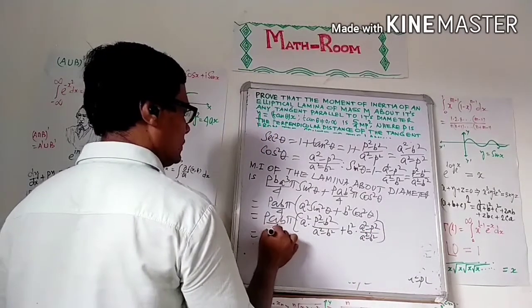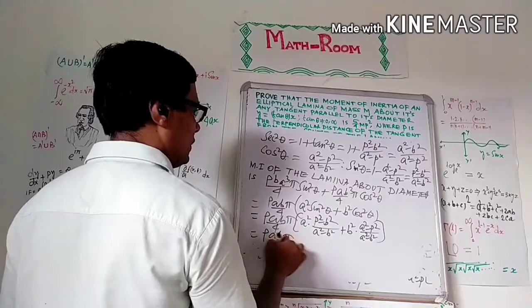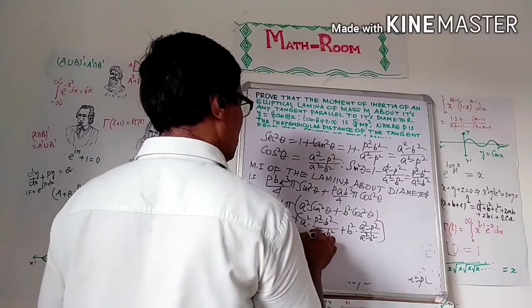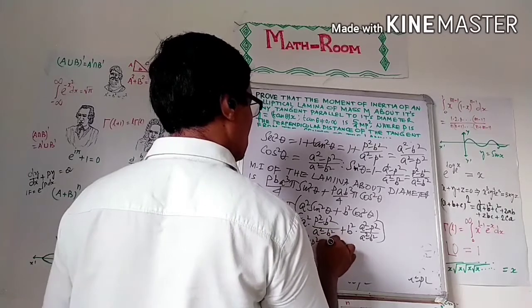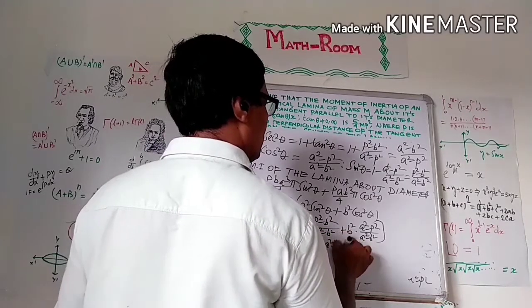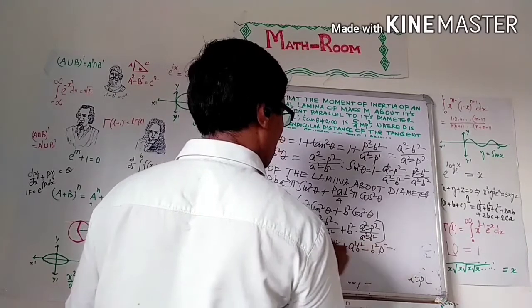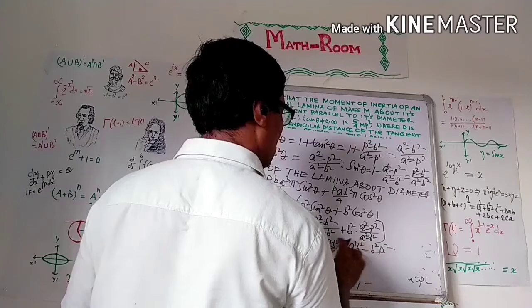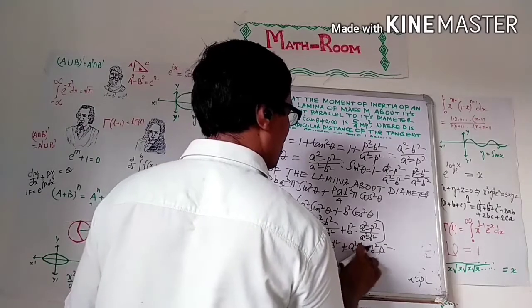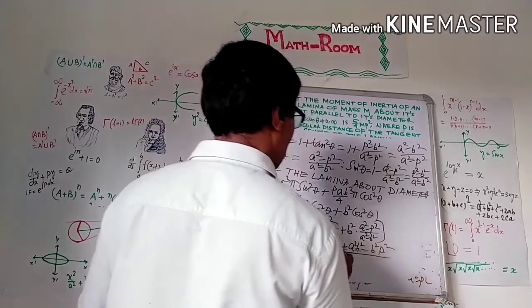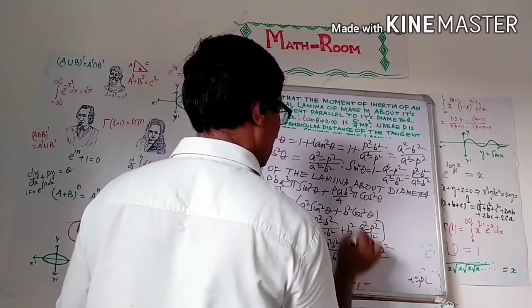So this is rho ab pi over 4 into (a square b square minus a square b square plus a square b square minus b square over a square minus b square).